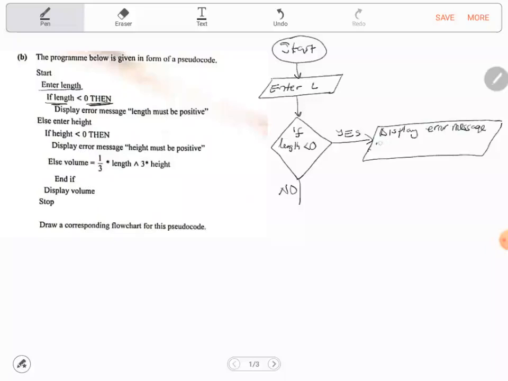Then in inverted commas, brackets, saying length must be positive. See?